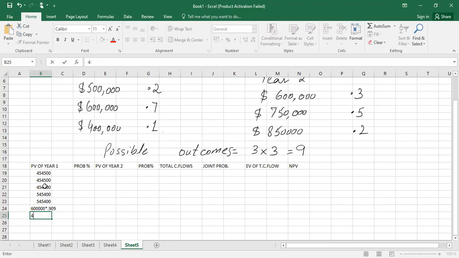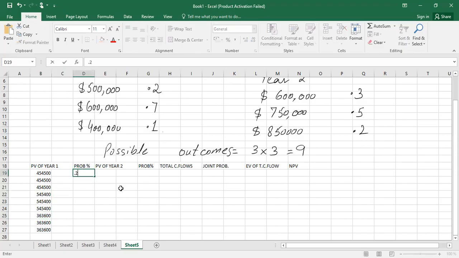Then we have 400,000 into 0.909, then 400,000 into 0.909, then we have 400,000. So we are done with 9 values.